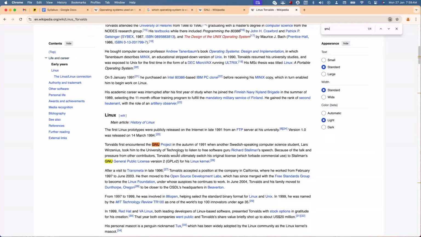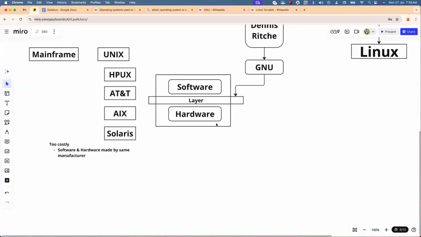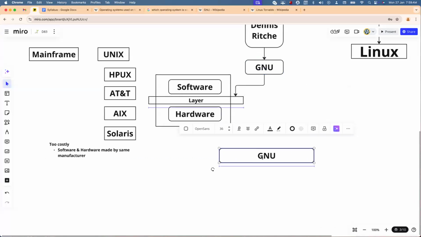He collaborated with GNU. Linus Torvalds is the one who made this particular code, this layer, a success.